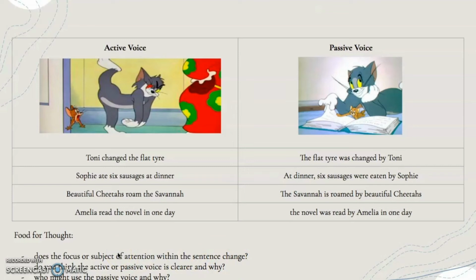In fact, the focus of a sentence always changes when switching from an active to a passive voice, and most would agree the active sentence is far clearer than the passive as it gets straight to the point of names, times, and dates. Now, who might use the passive voice and why? Well, anyone can use a passive voice, but usually someone who wants to express that the subject is the person or thing acted on or affected by the action of the verb.